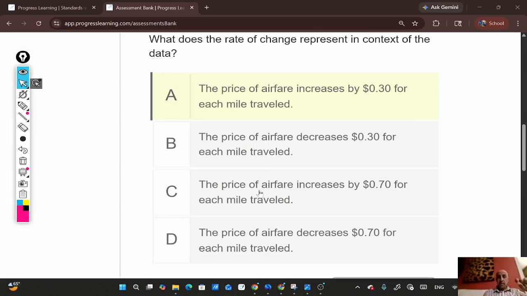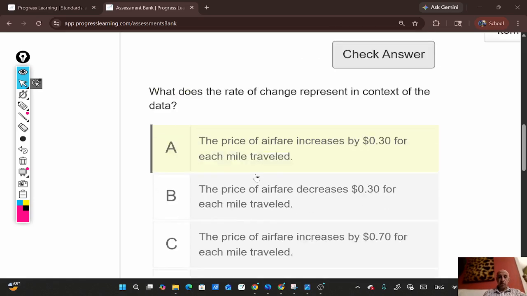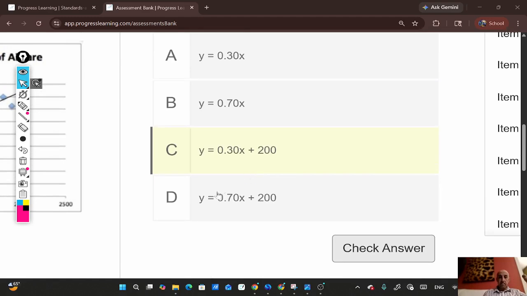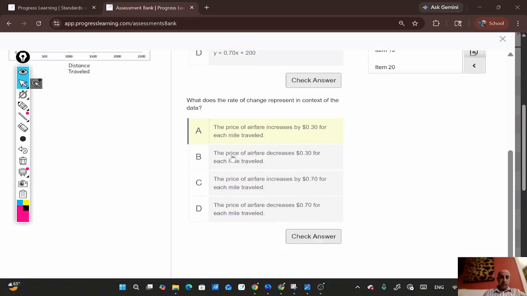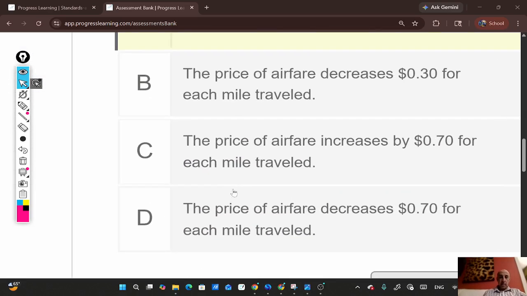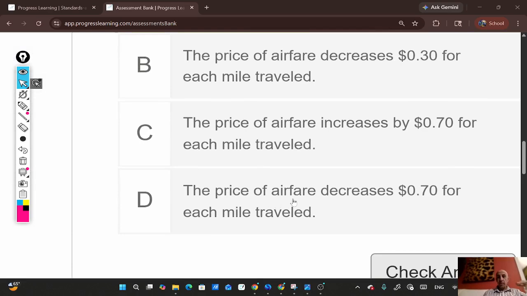Now option C, the price of airfare increases by 0.7 for each mile traveled. This is not true because we found that the equation has 0.3, so 0.3 here is the rate of change or the slope. So this is not right. And the last one is the price of airfare decreases by 0.7 for each mile.